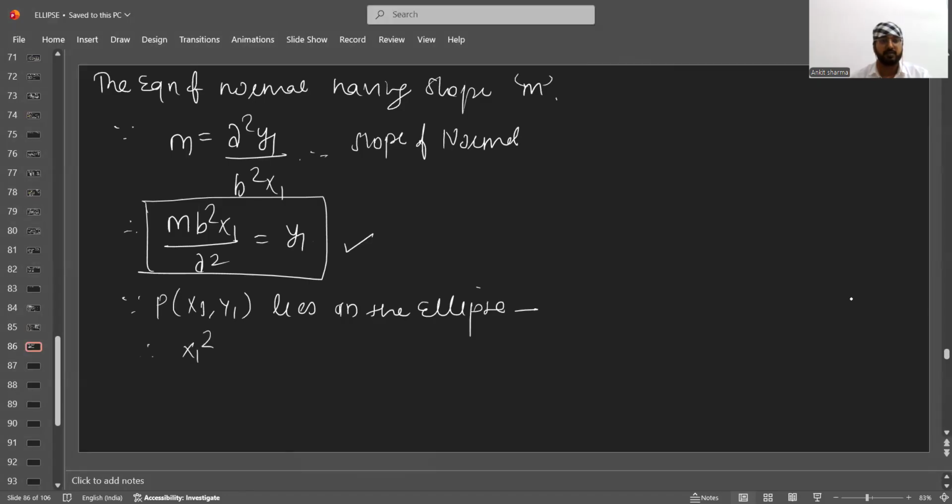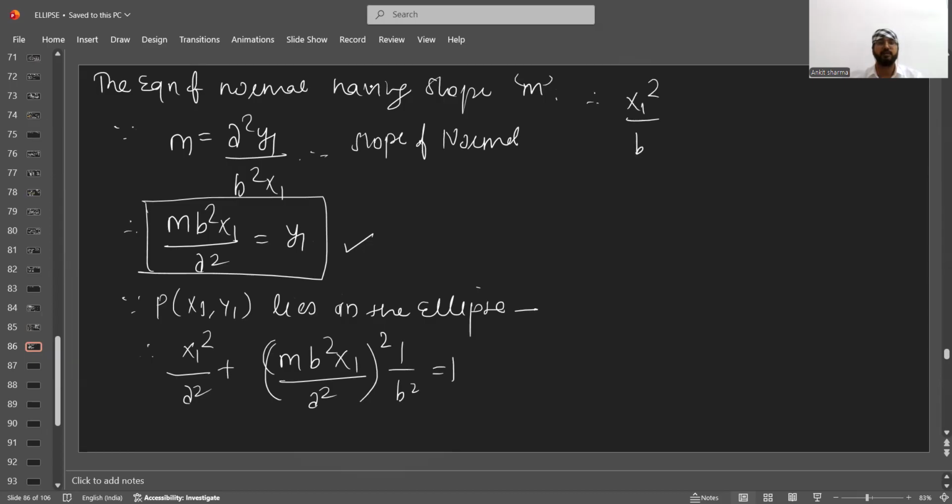Or I'll be having x1 square by a square plus y1 means m b square x1 over a square the whole square. This is y1 square over b square is equal to 1. So now from this equation we can get our x1. We can simplify this further.